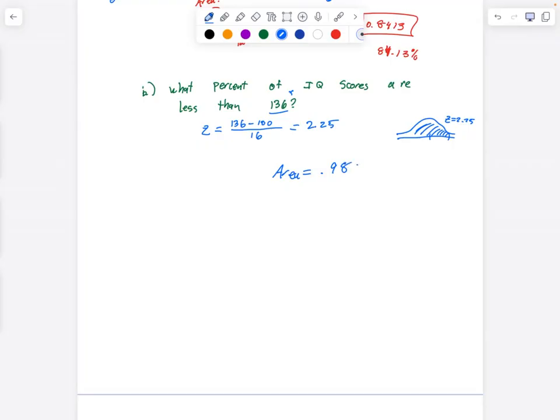Don't overthink it. It's 1. Minus 0.9878. If you want to find the above, it's 1 minus what the below is. Which gives me 0.0122, less than 1%, or just a little bit over 1%. About 1% of individuals.